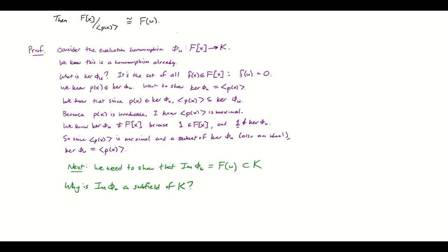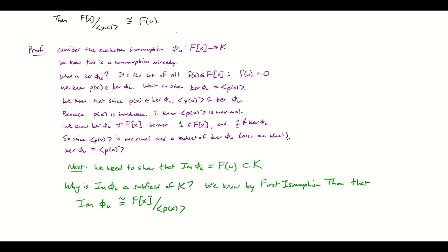Well, in thinking about that, it might be tempting to try and show that the image contains all of its multiplicative inverses for non-zero elements, but I'm actually going to do something a lot sneakier here. I'm just going to say we know by the first isomorphism theorem that the image of this map, the image of phi sub u, is isomorphic to the polynomial ring F[x] mod the ideal generated by p(x).